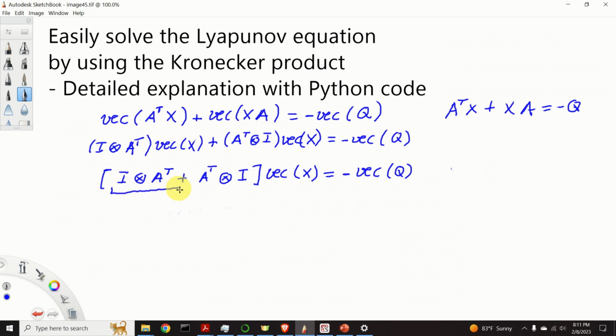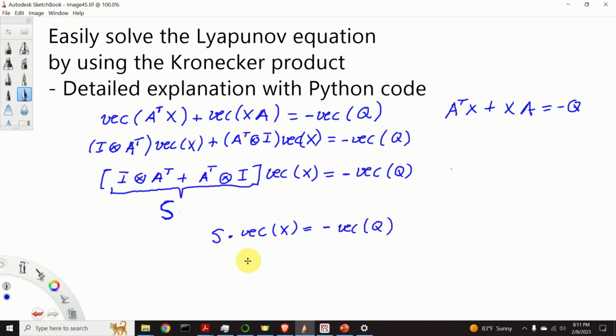Here, this is a matrix, and we will denote this matrix by S. Consequently, we have S times vec x is equal to minus vec q.